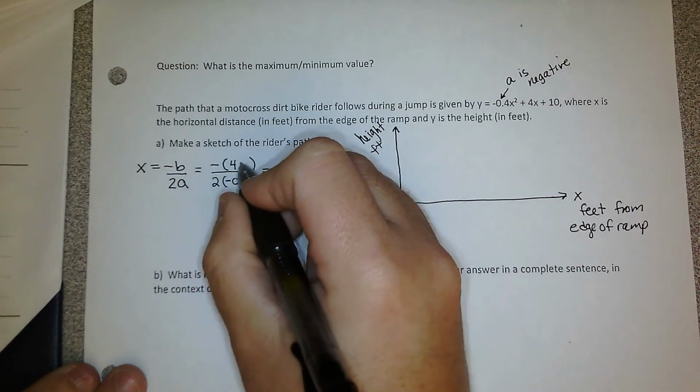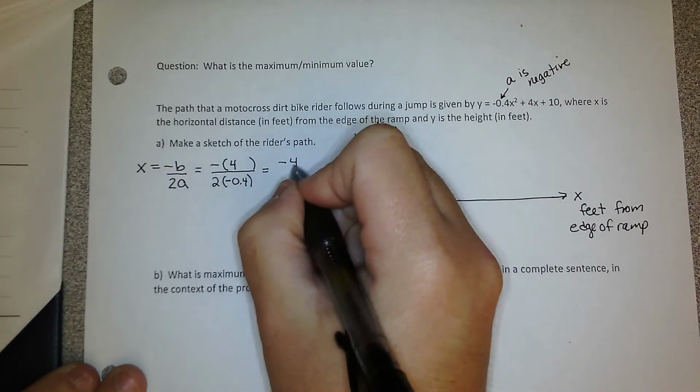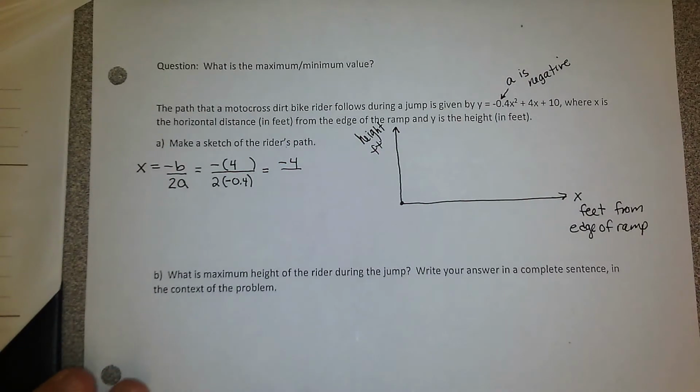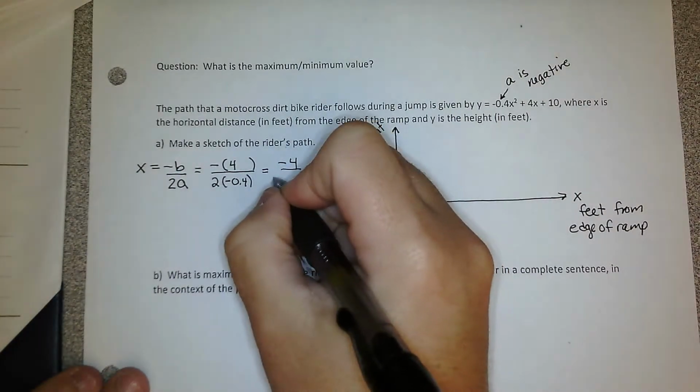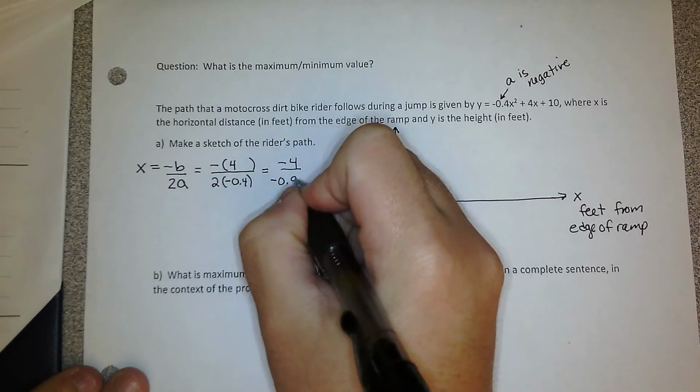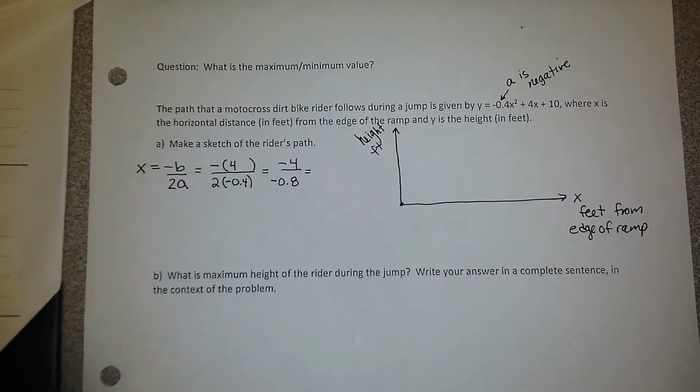So a negative and a 4 on top, and 2 times negative 0.4 is negative 0.8. Let's do some fancy math. Negative 4 divided by negative 0.8 gives us 5.